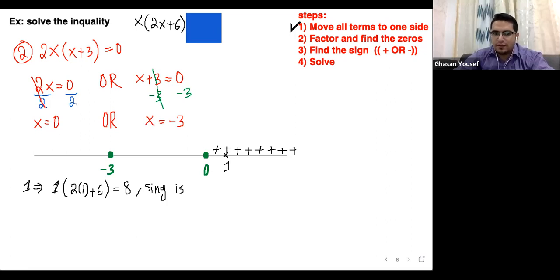Now, pick any number between -3 and 0. -2. Yes, -2. Or -1 is easier, right? Let's take -1, it's easier when you plug it in. You can take -2 or -1. Okay, for the -1, plug it inside the equation here.